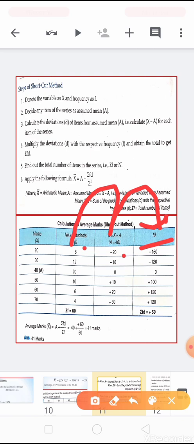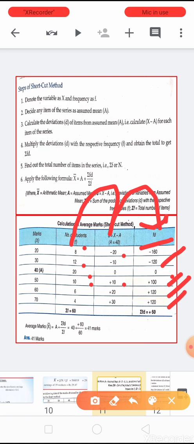So 8 multiplied by minus 20 is minus 160. 12 multiplied by minus 10 is minus 120. 20 multiplied by 0 is 0. 10 multiplied by plus 10 is plus 100. 6 multiplied by plus 20 is 120. 4 multiplied by plus 30 is 120. So children, we multiply the frequencies with the deviation values so as to find the value of fd.